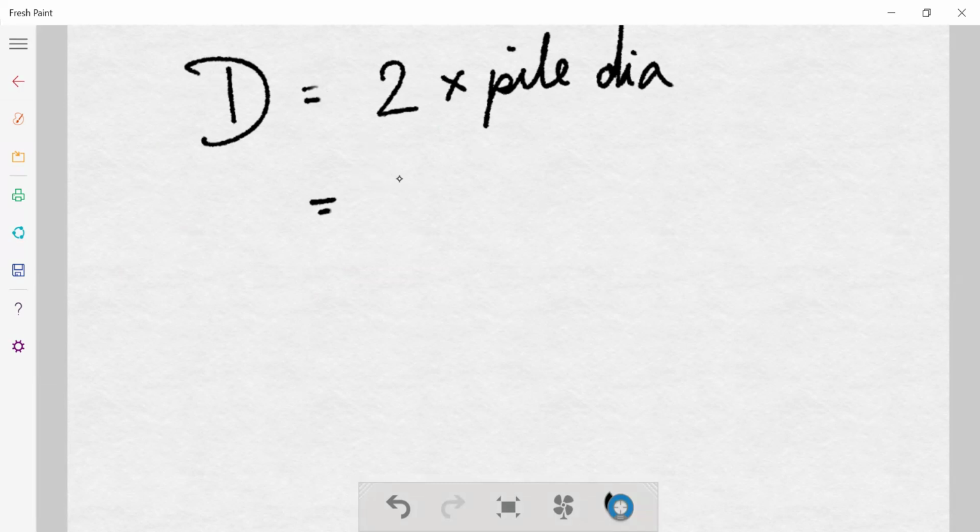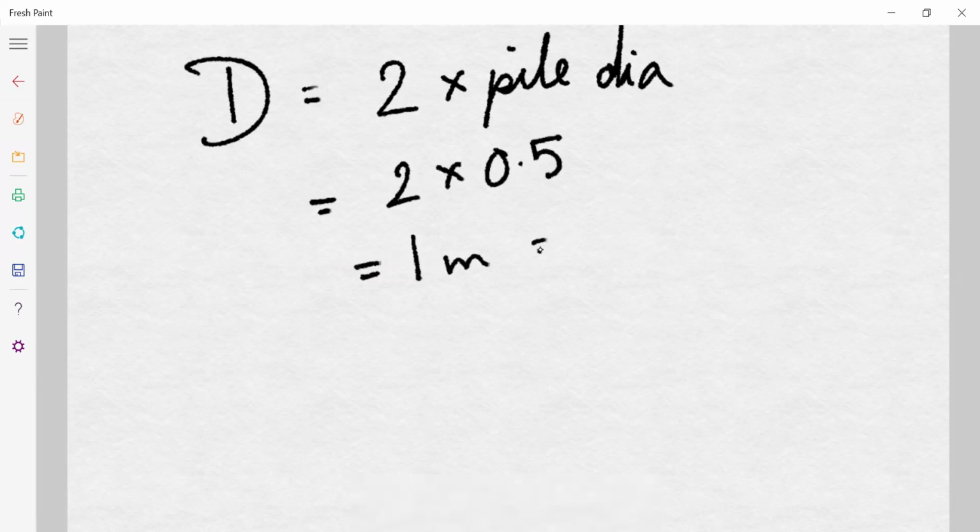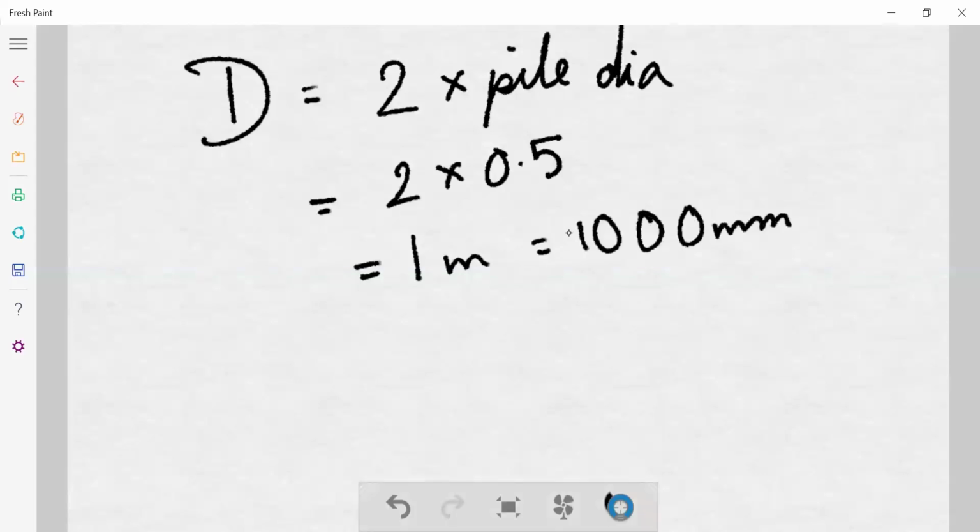Twice the pile dia means 2 into 0.5 meter. Pile diameter was 0.5 meter, so it is 1 meter, or we can say 1000 mm. So we take this. 195 mm is very less for a pile cap.